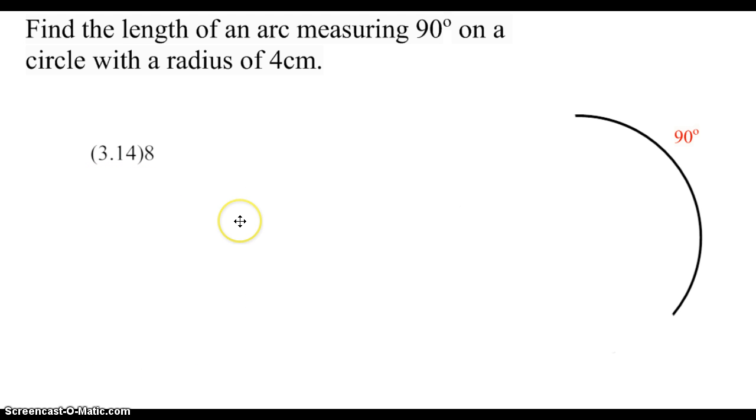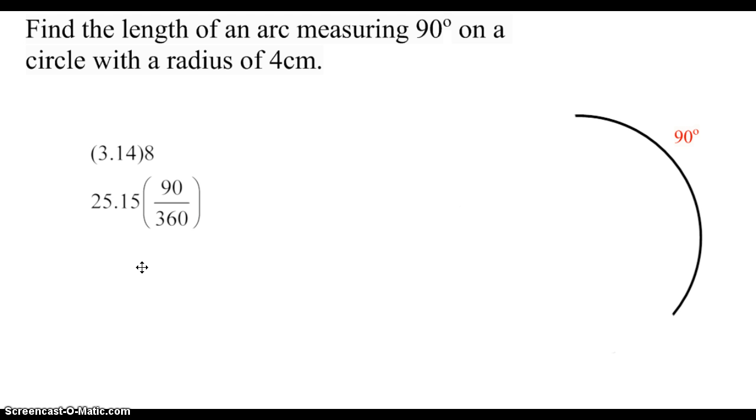So what would be the entire circumference? It would be 3.14 times the diameter, which is 8, or 2 times the radius. What do I need to do? I need to take that 25.15 and multiply it by 90 over 360, which is a fourth. So you can multiply by 4, you can multiply by 0.25.